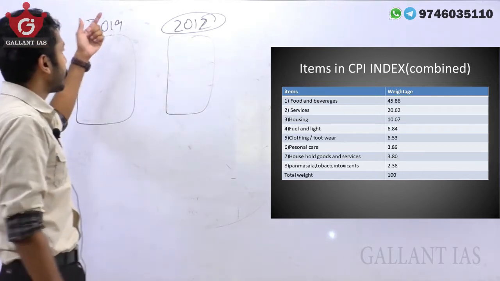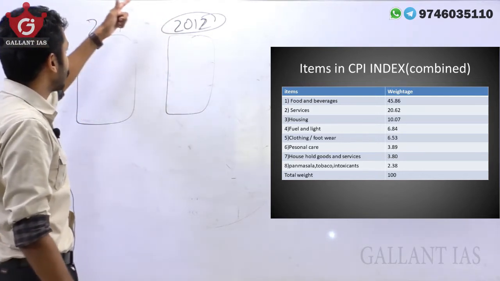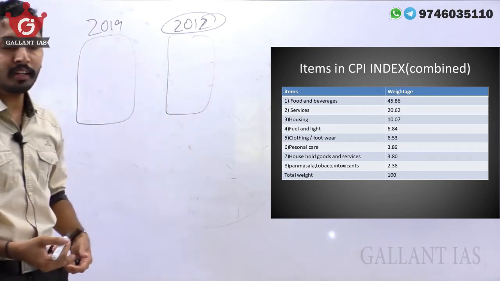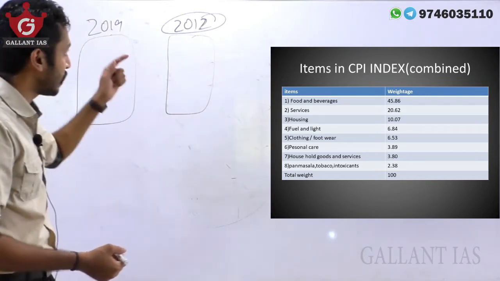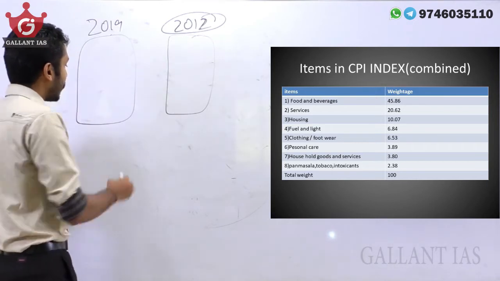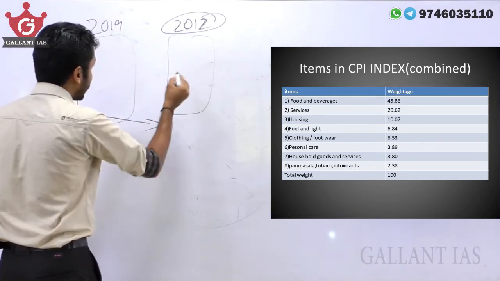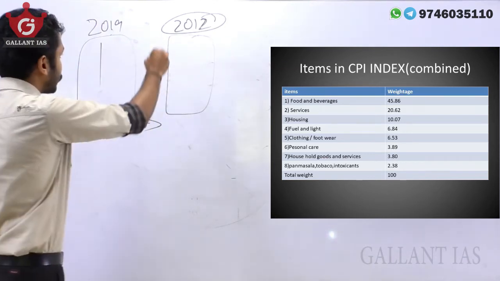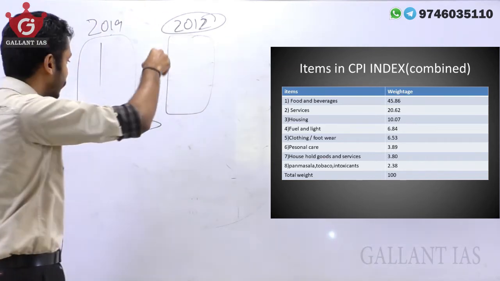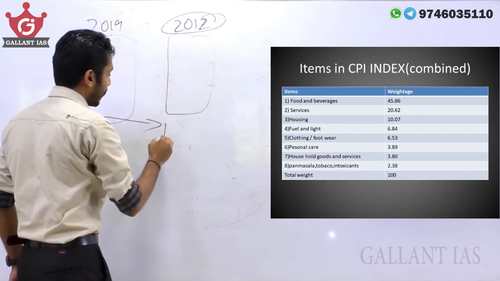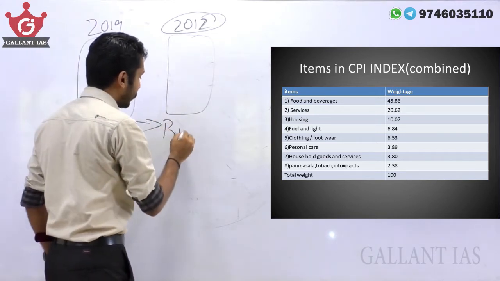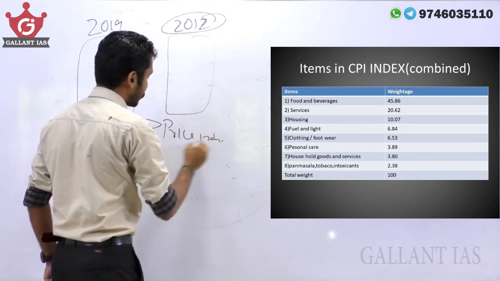We are comparing the prices of 2012 with 2019. What increase happened in the prices of goods and services from 2012 to 2019? That specialized average is known as the price index.